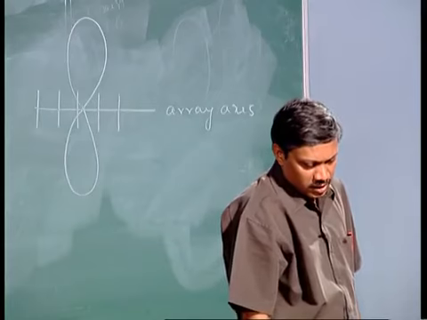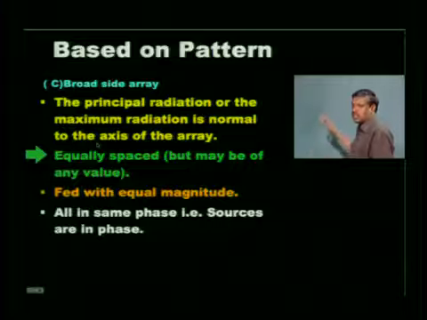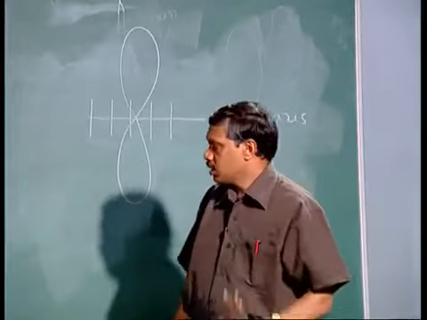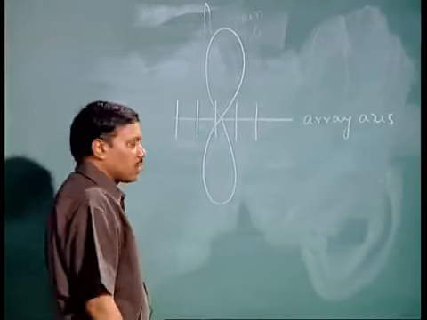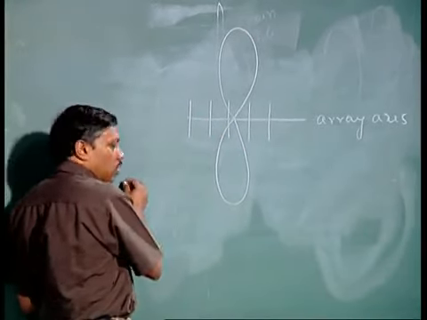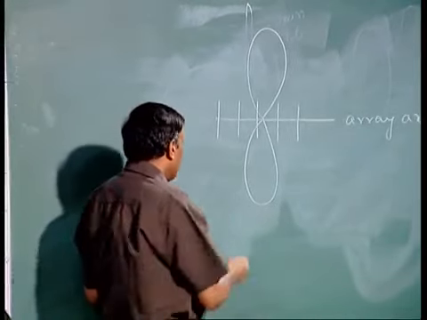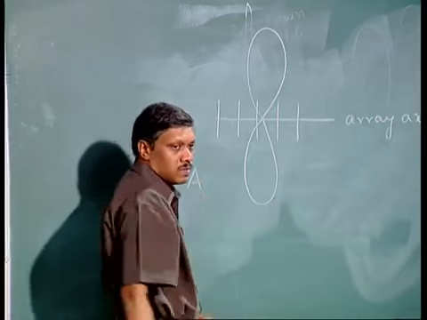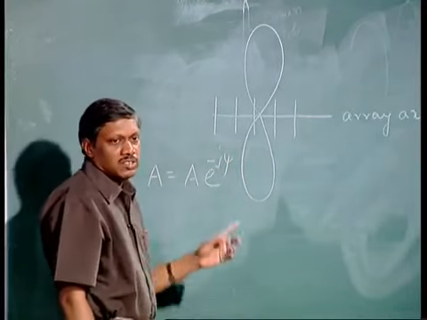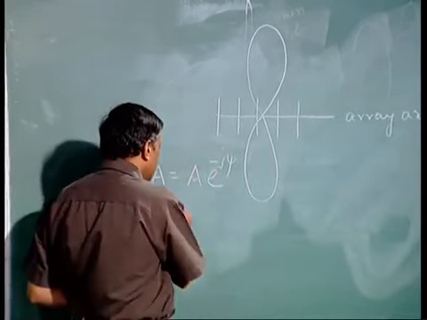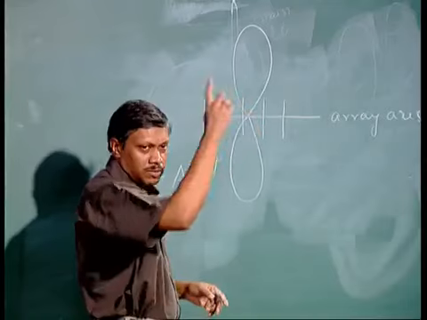The condition here is that the elements should be equispaced. Let me give you a background on where I am getting these things. When we express a particular field strength at the point of interest, we have the amplitude, then the phase, which we name e to the power minus j psi. This particular phase is due to the path traveled by the signal.